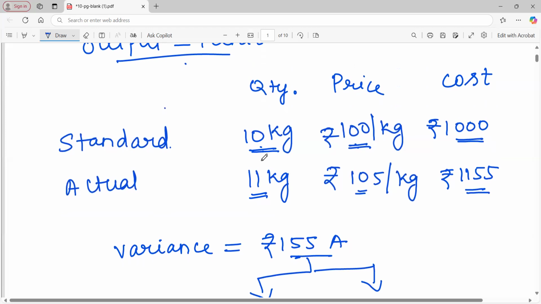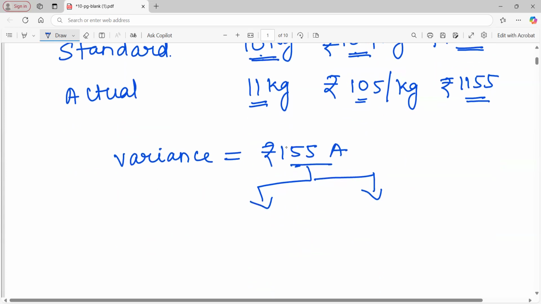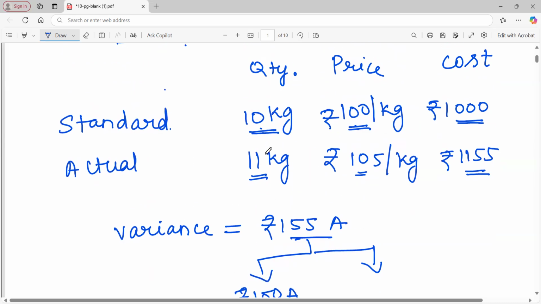So the company purchased an extra 1 kg of raw material, and the standard price for that extra 1 kg is 100 rupees. So 100 rupees of this 155 is cost due to the change in the quantity of the material used.